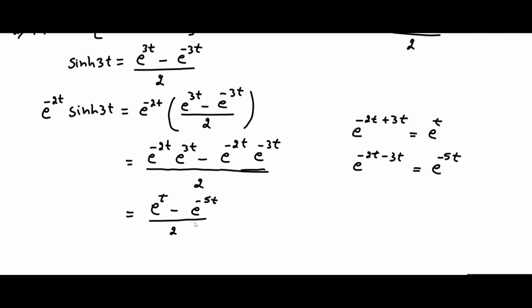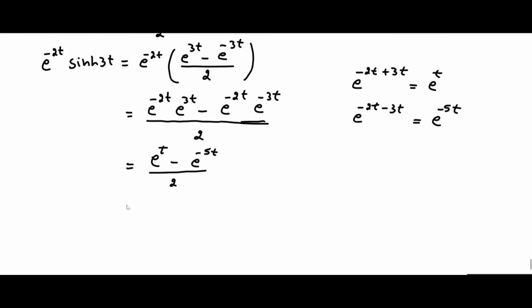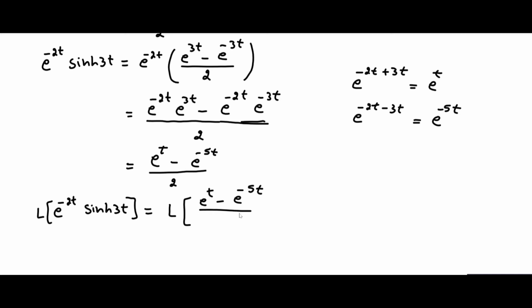So we have simplified the right hand side. Now you can apply the Laplace transform on both the sides. So we will be getting the Laplace transform of e power of minus 2t into sinh 3t equals, applying the Laplace transform on the right hand side also, the Laplace transform of e power of t minus e power of minus 5t, whole divided by 2.